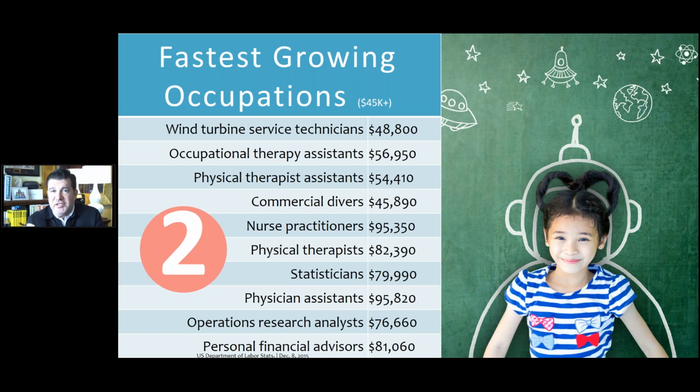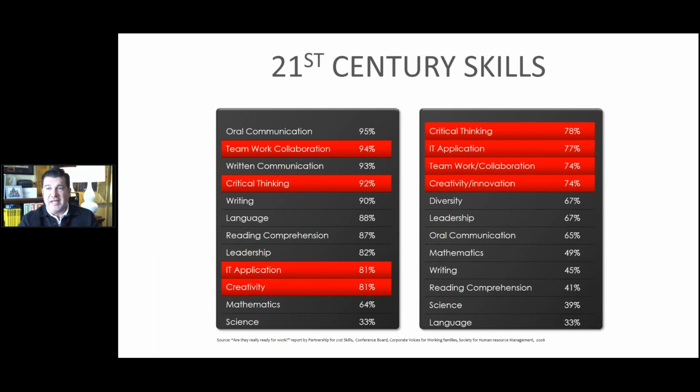But if you look at these jobs and identify the skill sets required to do this, you will notice there are a few things that just jump out. Things like critical thinking, collaboration, creativity and innovation. These skills were kind of important 15 years ago. They were a little more important 10 years ago. 5 years ago, critical. Today, they are the skill sets that are required for these fast-growing jobs.